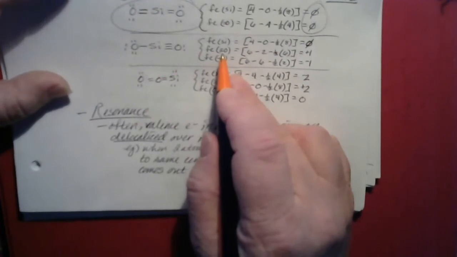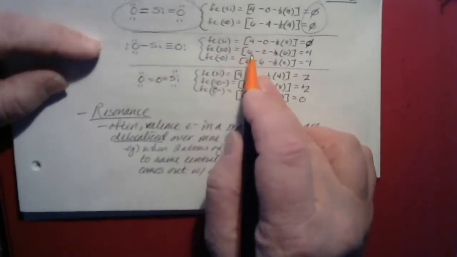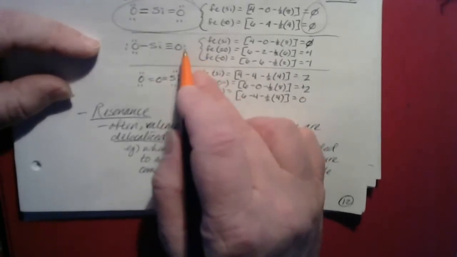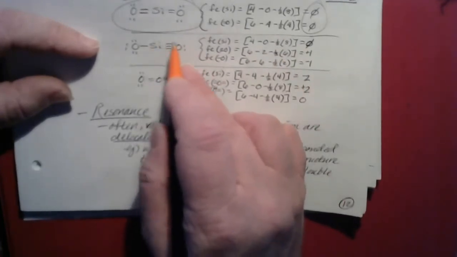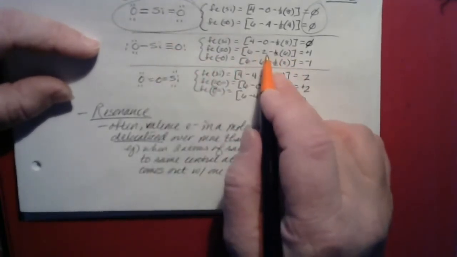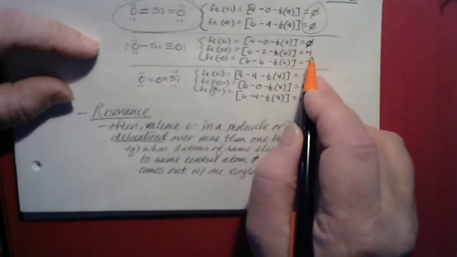The formal charge on the triple bonded oxygen would be 6 minus the two lone pair electrons on the triple bonded oxygen, minus 1/2 of the 6 bonding electrons on the triple bonded oxygen. 3 bonds means 6 electrons. So 6 minus 2 minus 3 is +1.